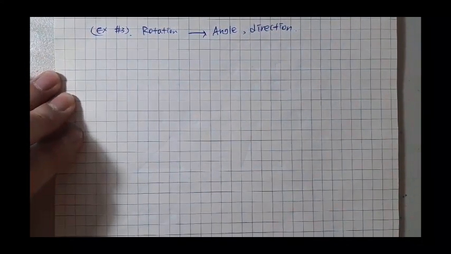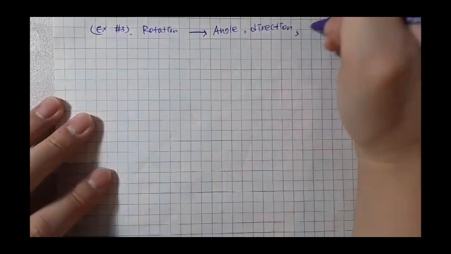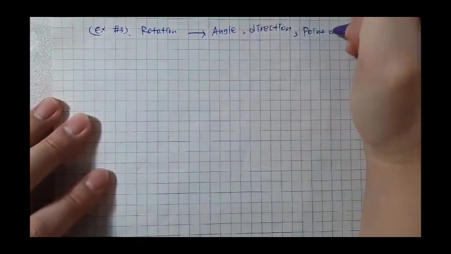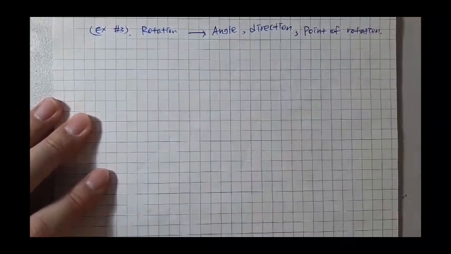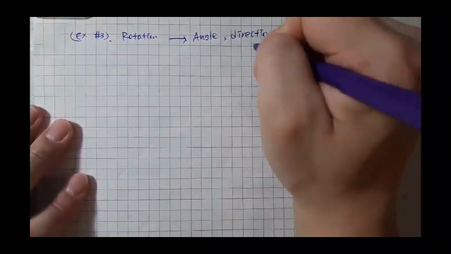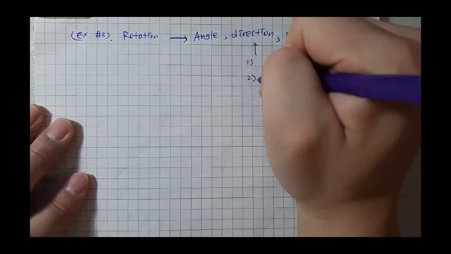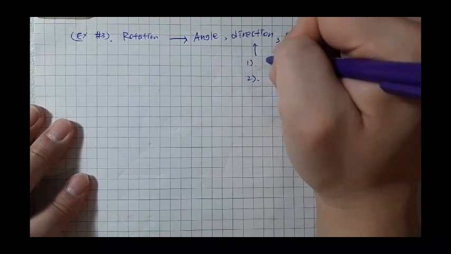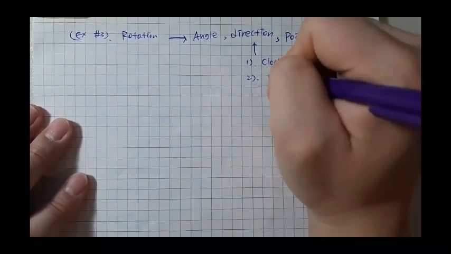So what I mean by that is, actually it's three things, sorry. Point of rotation. Direction, there are two. First thing first, clockwise or counterclockwise.